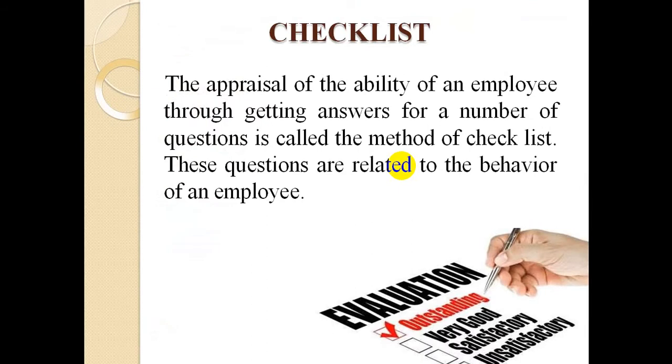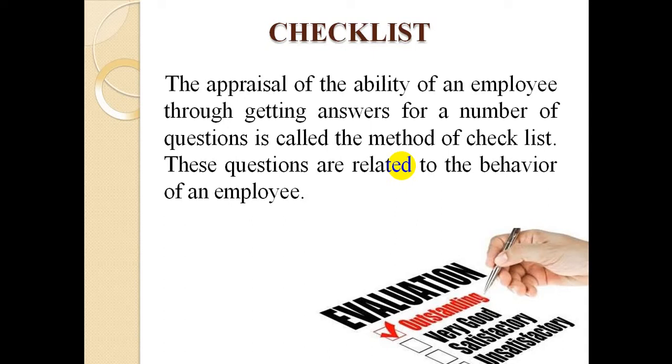Now next one is the checklist method. Here a set of statements will represent the aspects of employee behavior. The rater just mentions yes or no responses, or outstanding, very good, satisfactory, unsatisfactory. Here they just tick a mark.